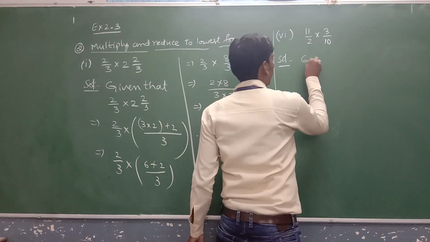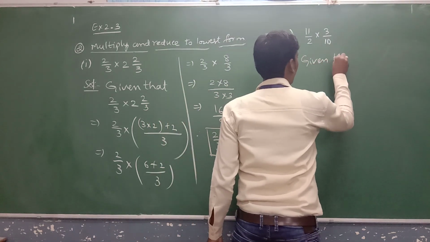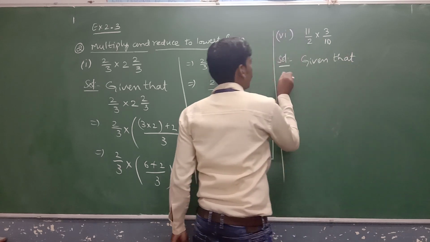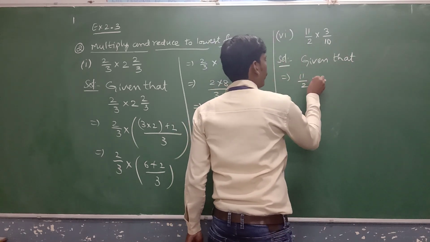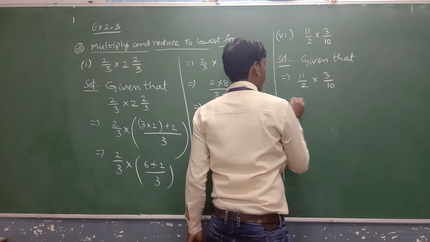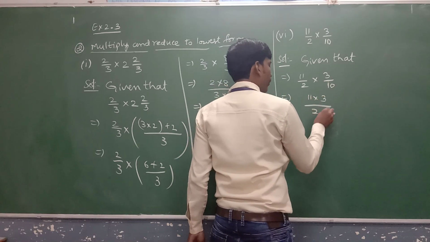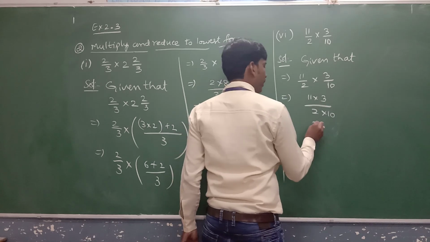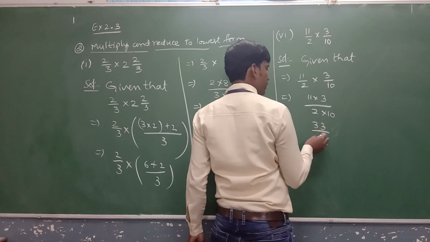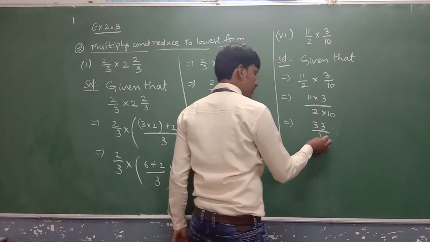Now, given that 11 by 2 into 3 by 10, which implies 11 into 3 by 2 into 10. 11 3s are 33 divided by 2 10s are 20. Is there any cancellation?